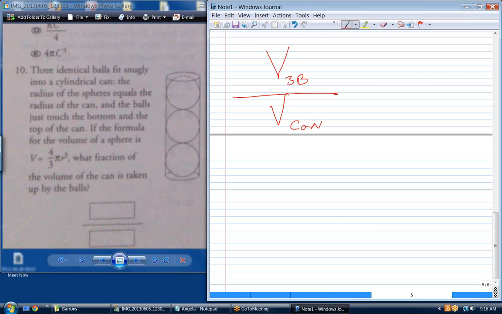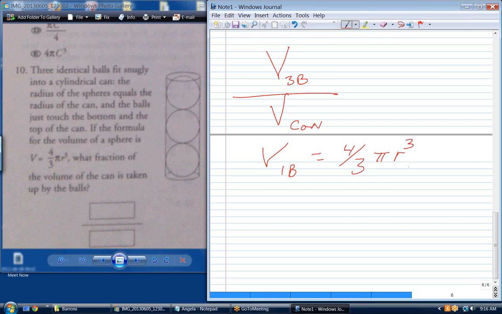So let's start there. That's what we're looking for. Let's start with the volume of 1 ball. What's the volume of a sphere? 4 divided by 3 pi r cubed.